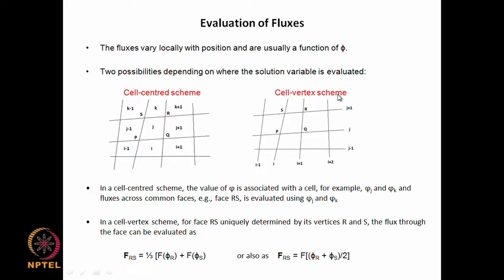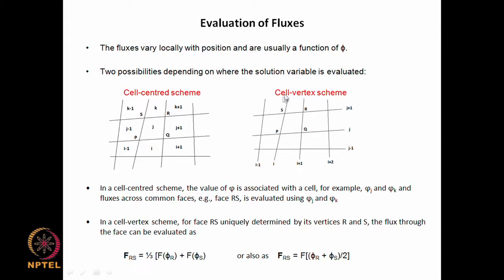In a cell centered scheme, you break the domain up into a number of cells, and the cell value is characterized by the value at its center, geometric center or whatever center, and throughout the cell you have the same value.